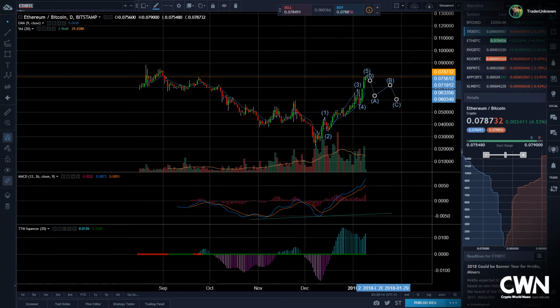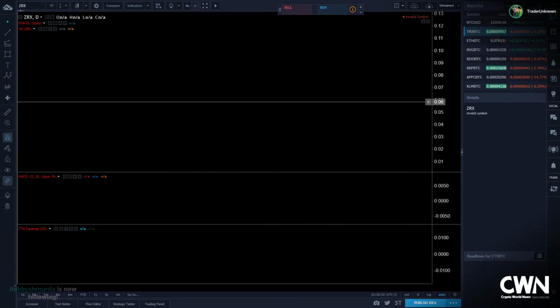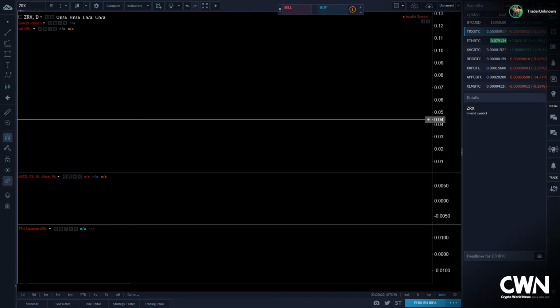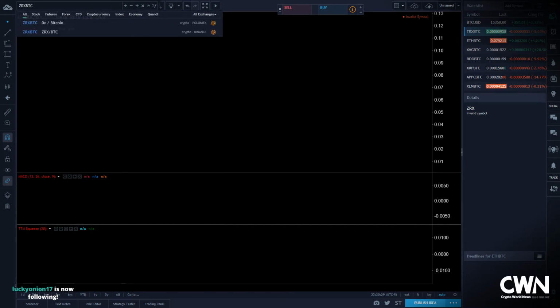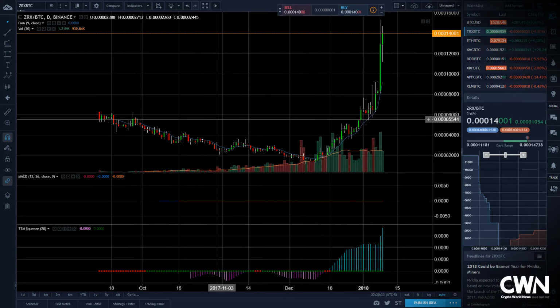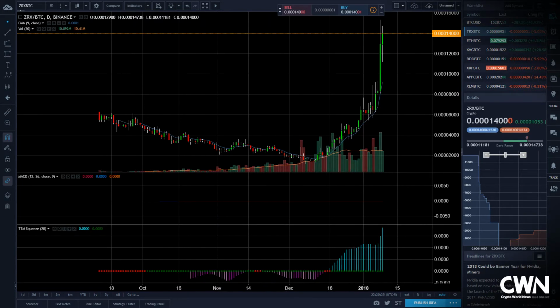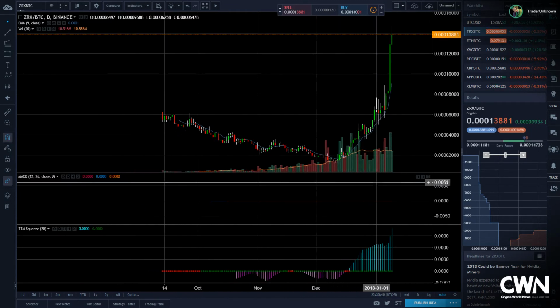Just because we're on the subject of MACD and divergence, let's go ahead and jump over to ZRX and take a look at this reversal that revealed itself via the MACD. And the MACD doesn't seem to be working.